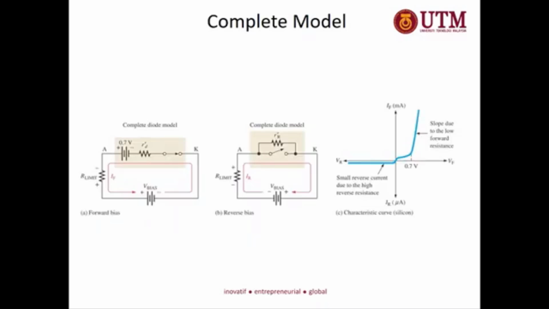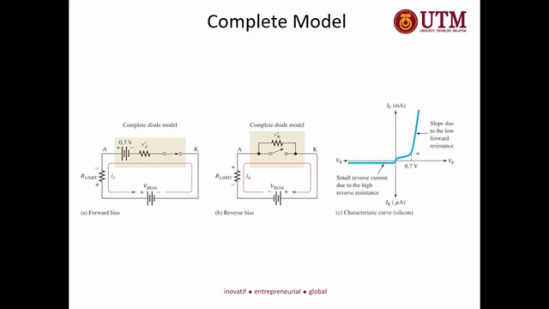Okay, and the last model is what we call the complete model. The complete model considers almost all the properties of the diode. Let's say in the forward bias, the point where the current starts to have a sudden increase is represented by using a DC source, 0.7 volt.